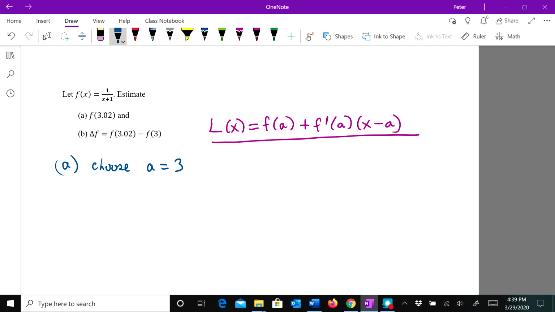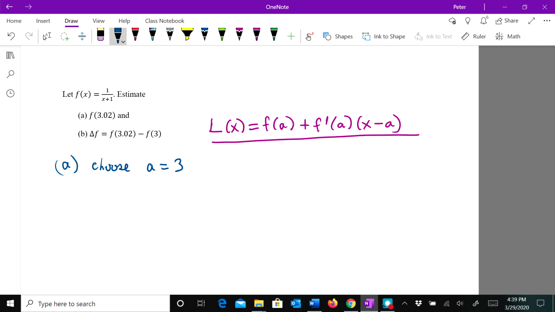They say, I want an exact recipe to solve a math problem. I don't really have any answer to that other than this topic doesn't work that way. You have to use some judgment, and you have to understand that if I'm trying to evaluate the approximate value of 3.02, a good choice of the center is going to be an integer, which is a equals 3.